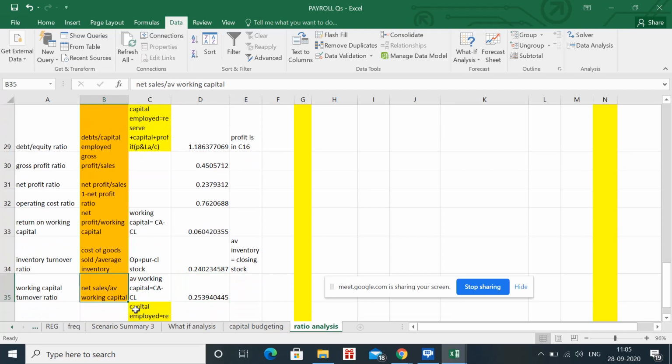Now we are moving to the next formula, that is working capital turnover. Net sales means sales minus sales return, but sales return is not here. So we can take the sales as net sales, divided by average working capital, or you can say current asset minus current liability. So they have applied the formula net sales divided by current asset minus current liability, and we know that F9 is current asset, C9 is current liabilities, and M3 is showing the sales.